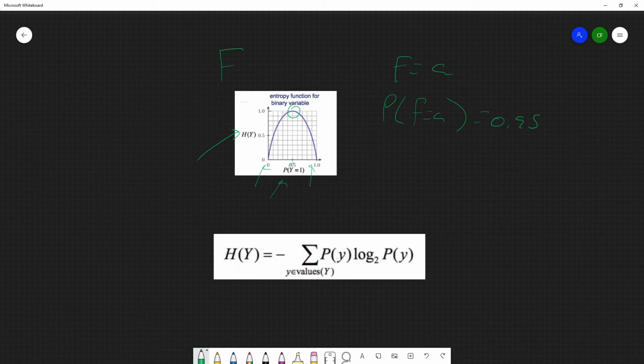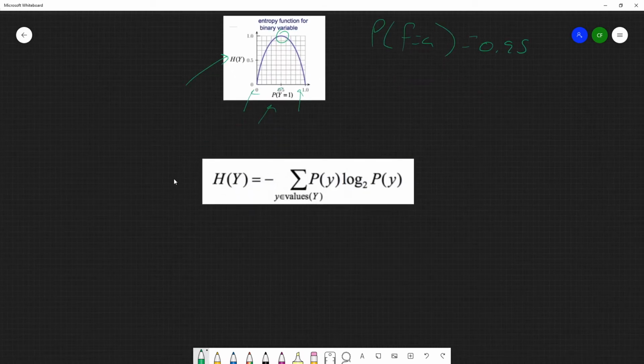There is also conditional entropy, because we don't always know all these values, but we do often know conditional ones. Given some evidence, given some features we observe in the environment, what is the entropy? So we have conditional entropy, and the equation is much the same. I've lost it, there it is.